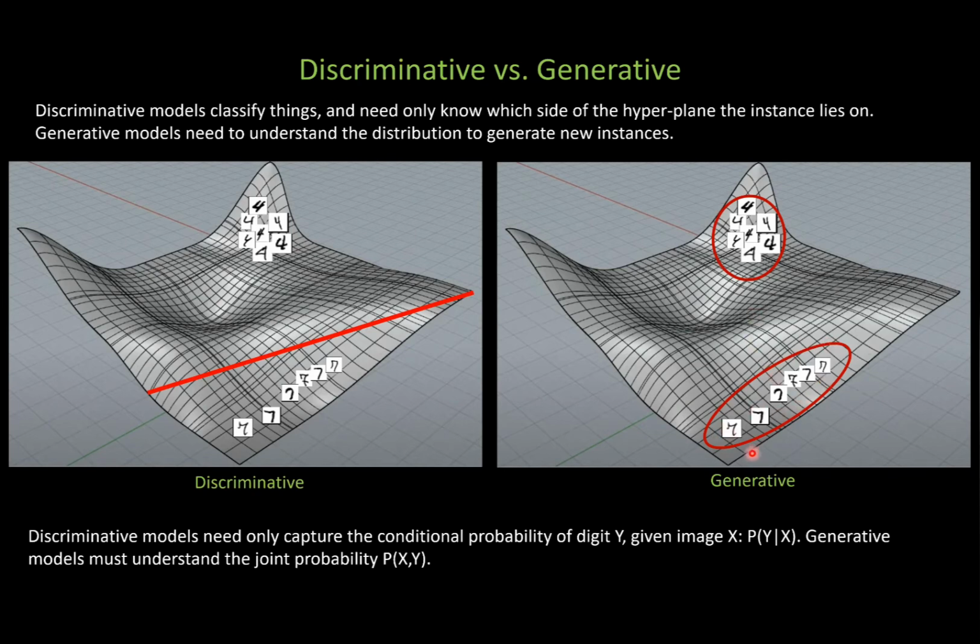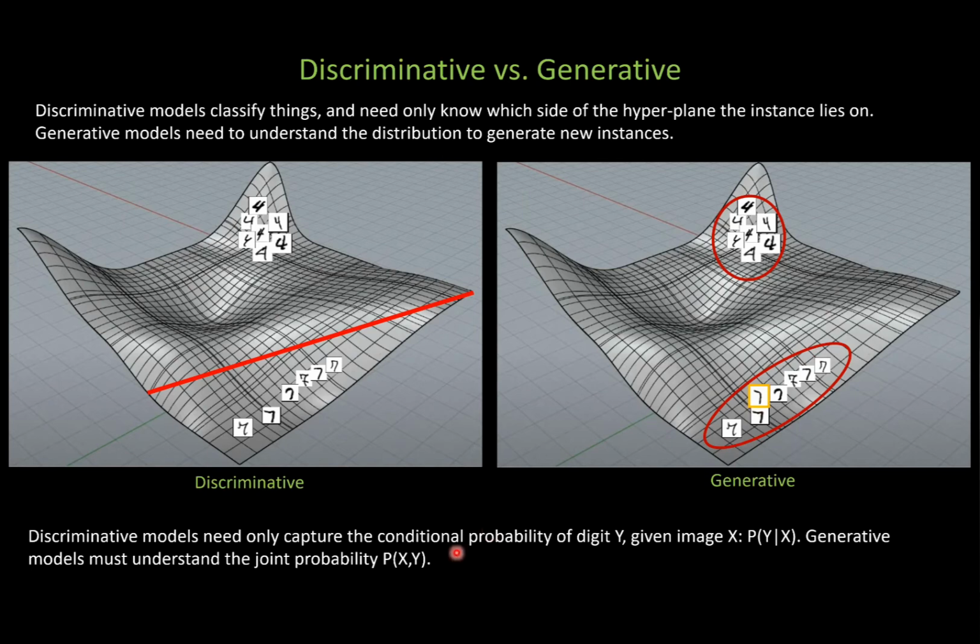So we know that the 7s live in this area of our manifold and the 4s are over here. Then we can actually create new data. We can go to this point in space and say, what lives there? What if I spit this piece out here? I've got a new 7 that nobody ever drew by hand. I'm creating new 7s because I understand the general distribution of 7s in space.